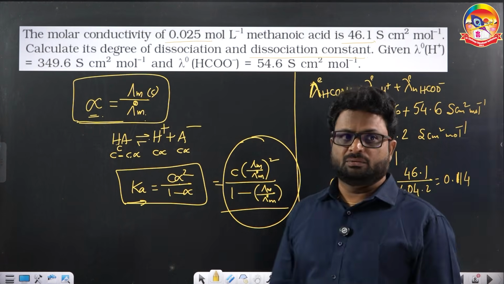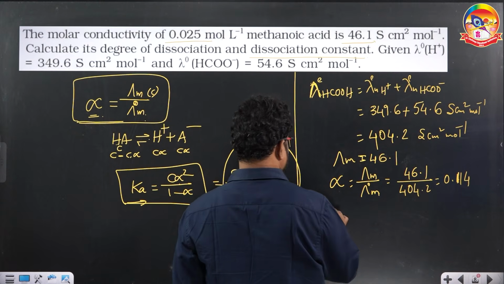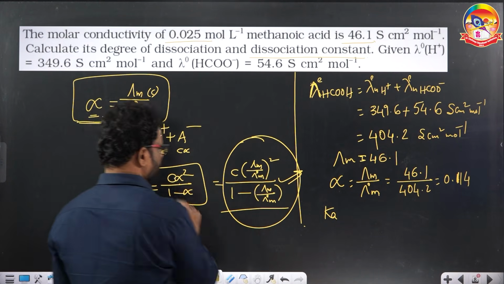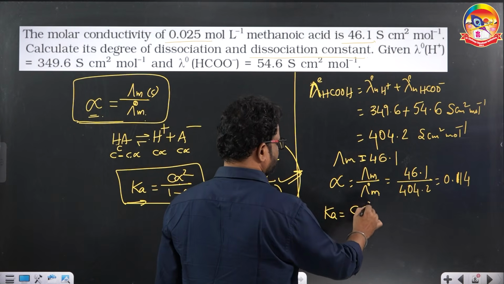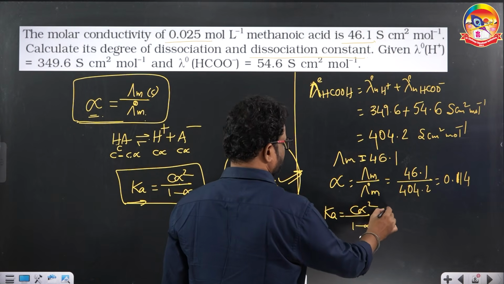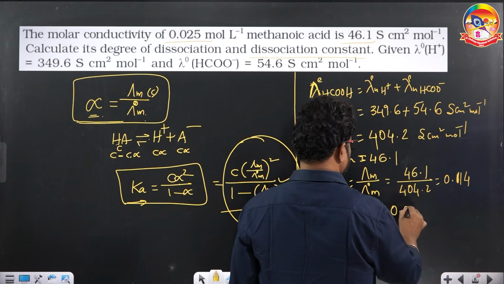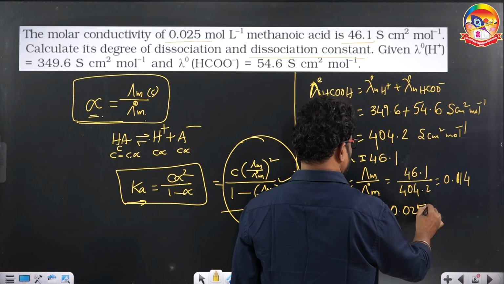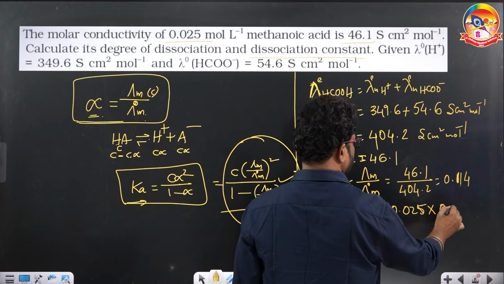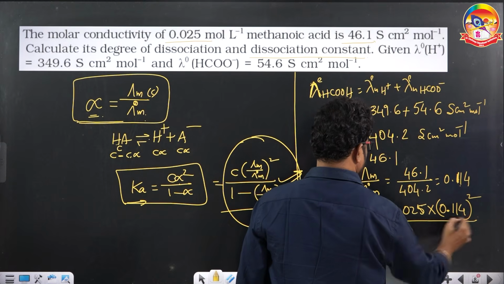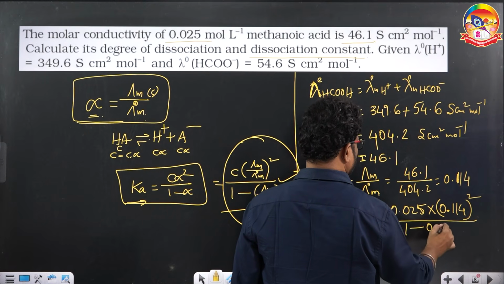This is the alpha value. Then how do we find Ka of the same? With this formula, after getting alpha, you can substitute the data in this formula, C alpha square by 1 minus alpha. C is 0.025 into alpha, you can approximate it to 0.11 or 0.114 exactly, square by 1 minus 0.114.